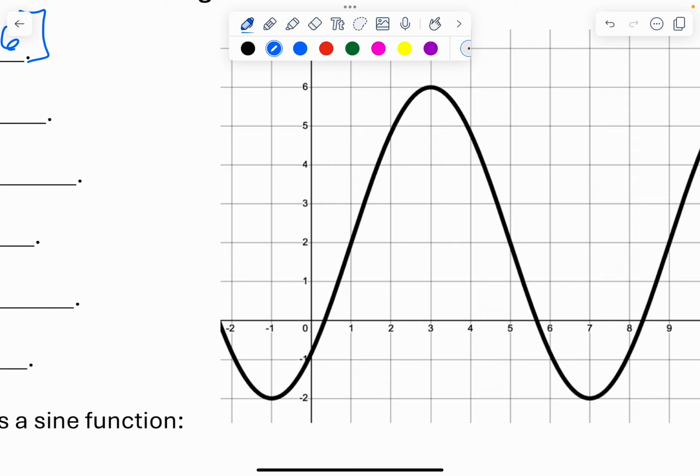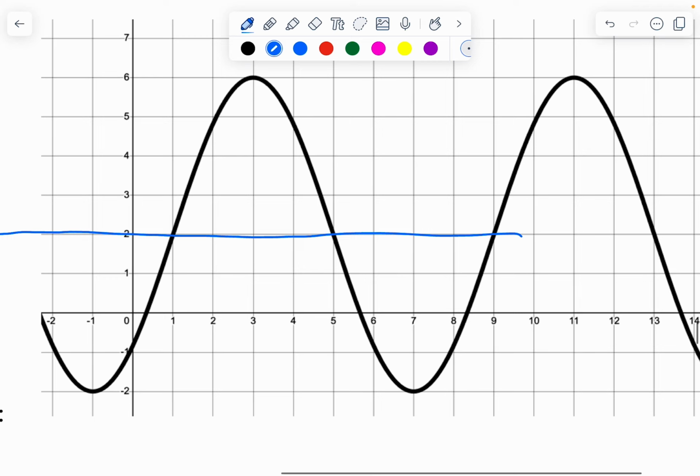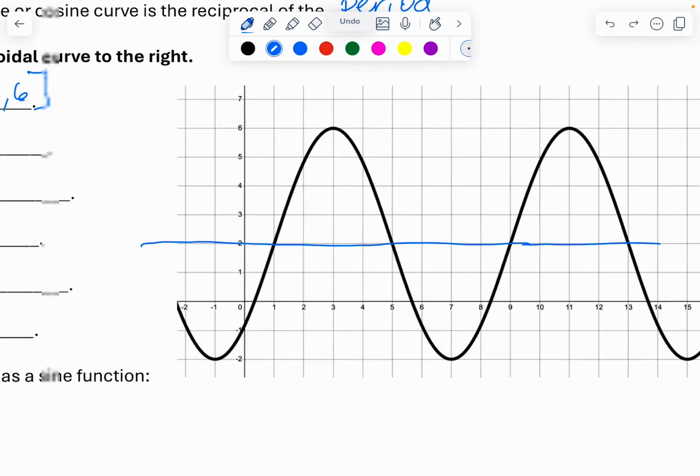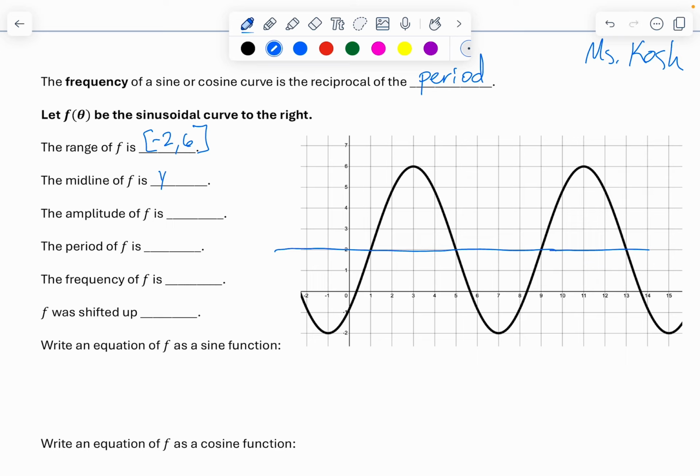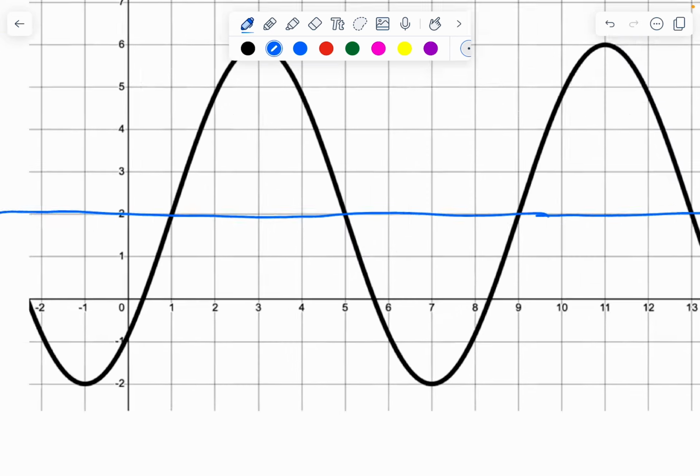So that means I'm going to have to go up 4 to find that midline. And then you'll notice it's 4 units above, so 2 plus 4 gives me 6. 2 minus 4 gives me -2. So my midline is y equals 2. The amplitude is 4.